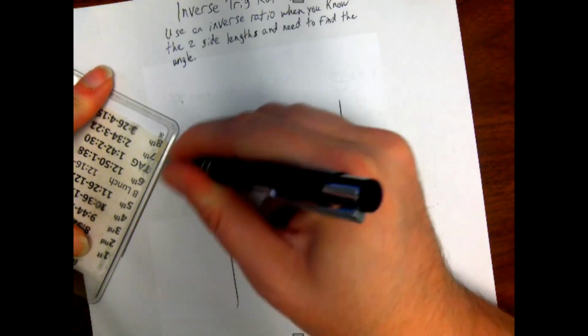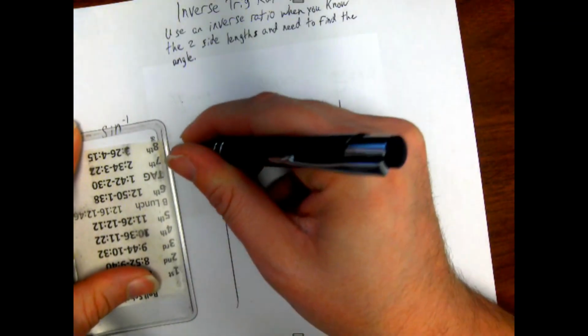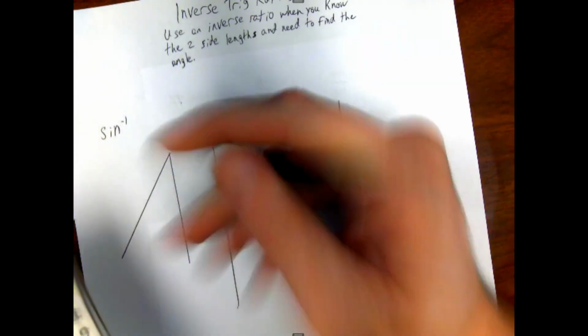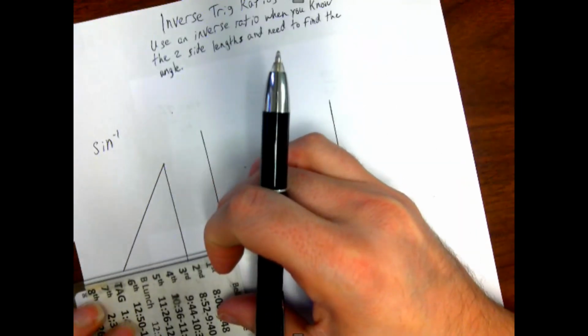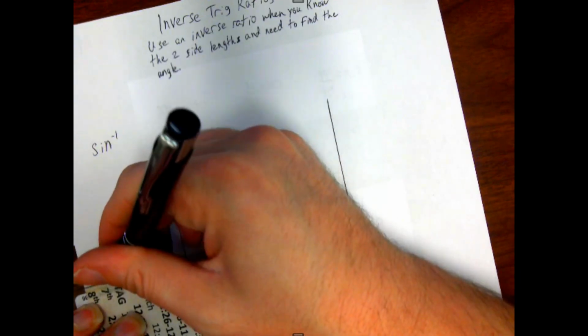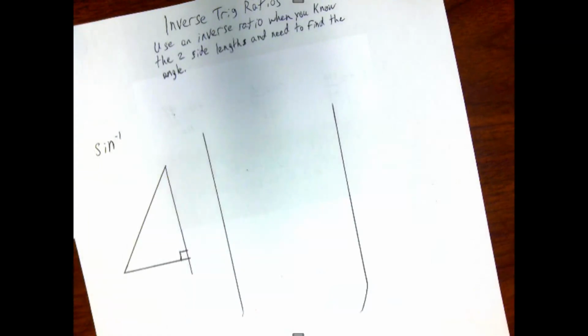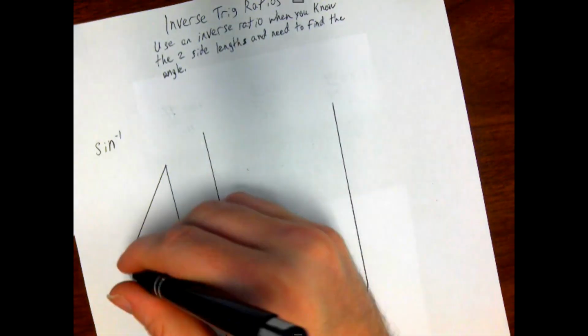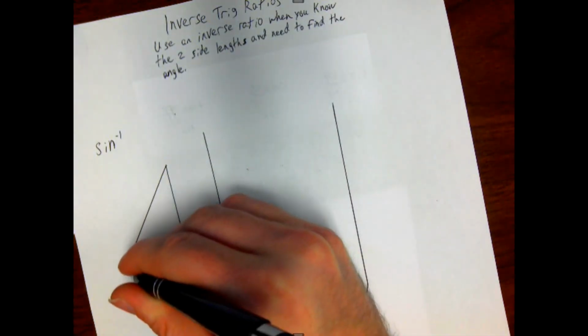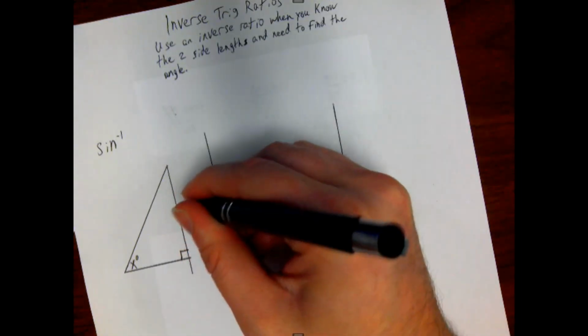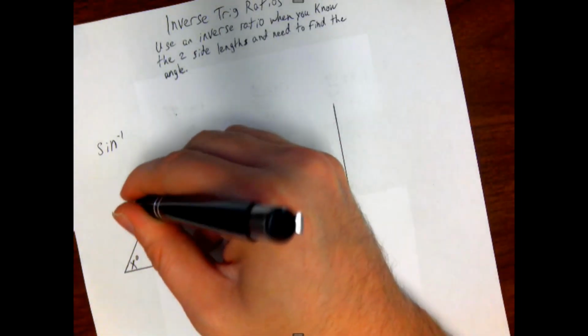So let's say I have a right triangle, and I'm looking for this angle. It's x degrees. I know that this side is 24 and this side is 29.